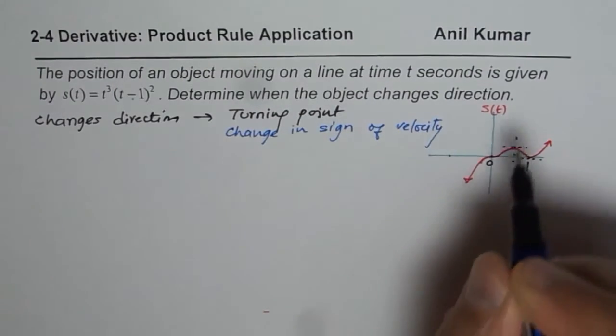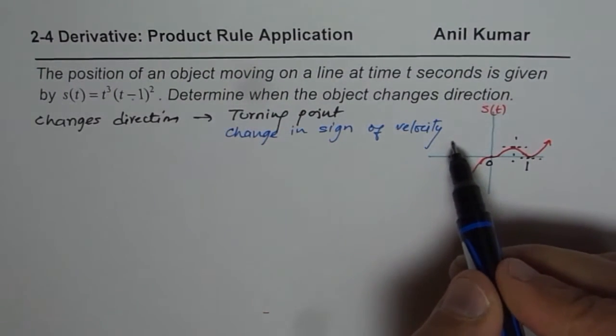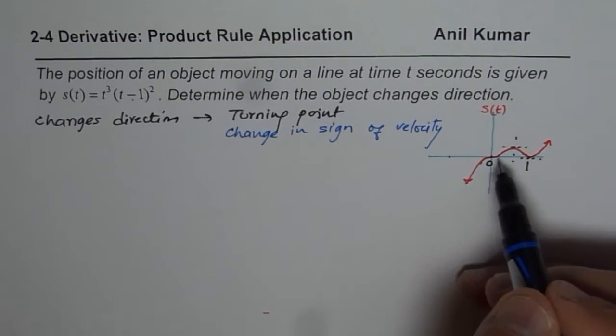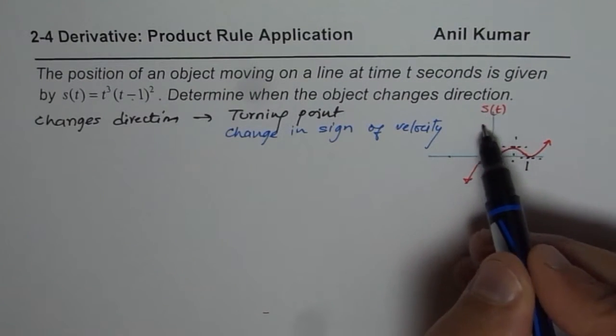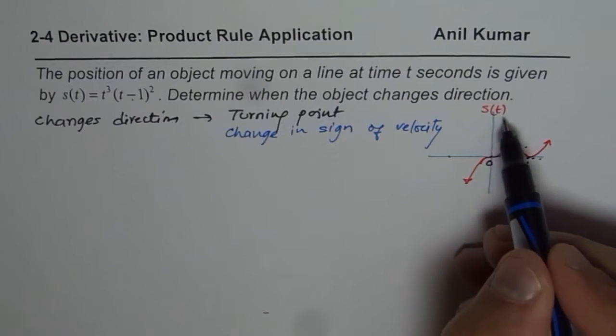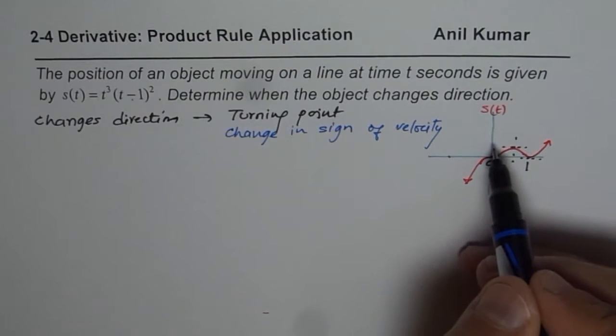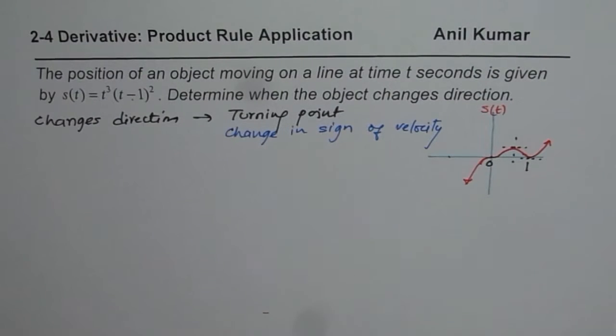If we say velocity is positive while going in the right direction, it is negative when going left. So if the tangent to the displacement, which is velocity, changes from positive to negative or negative to positive, then also the direction changes. So that is the concept. I hope now the concept is clear. You can still pause the video and answer the question.